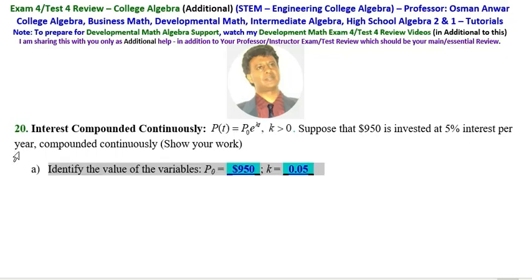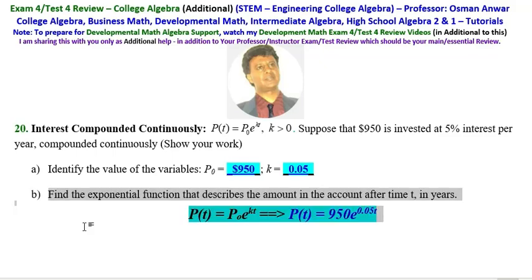So A is identify the value of the variable. So initially it is 950 is invested, and the rate is 5%, which is 0.05. So find the exponential function that describes the amount in the account after t years, t in years. That is P of t equals P naught e to the kt.